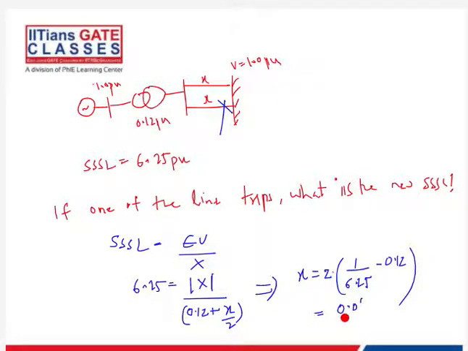So that is the reactance of one transmission line. So what is the new condition? Instead of both transmission lines, there is only one transmission line. So the new X effective would be 0.12 plus 0.08, which is 0.2.